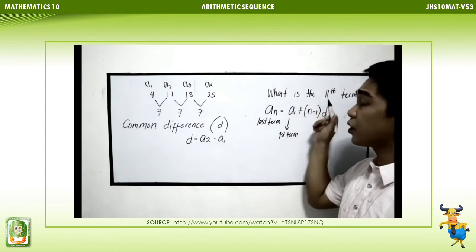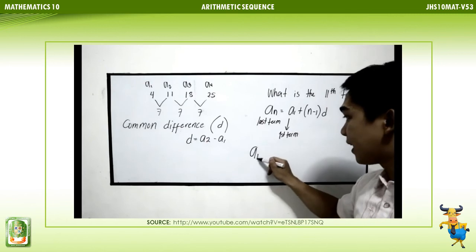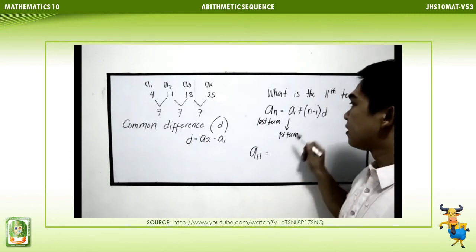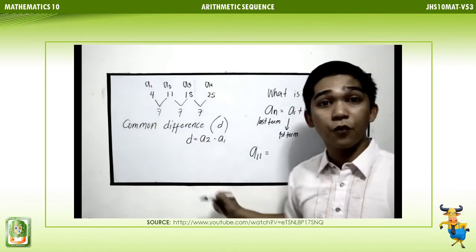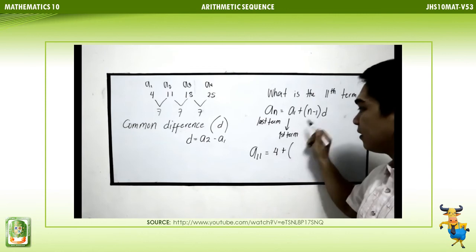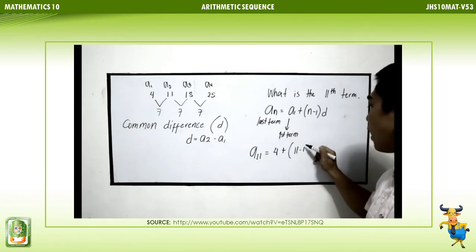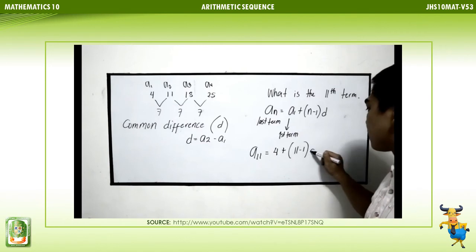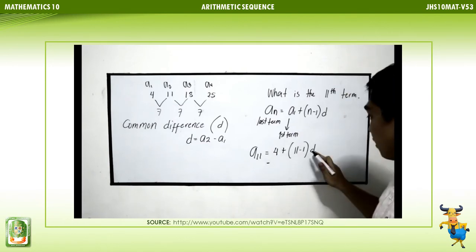In this case, we're going to find the 11th term, so that is a11. Substitute into the formula. Our a1 is 4, plus n, which is 11, minus 1, times d. d is 7.